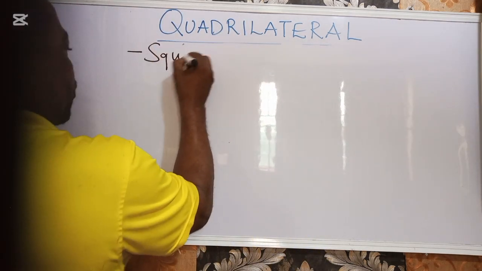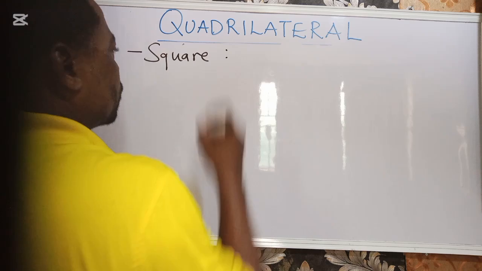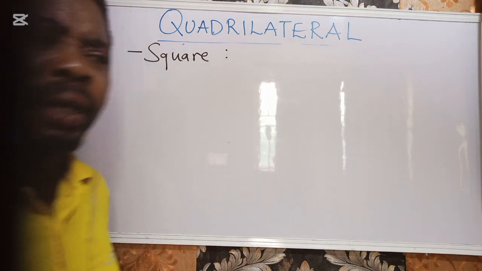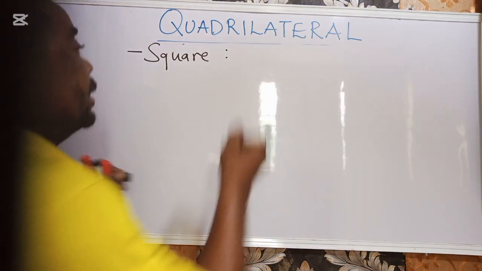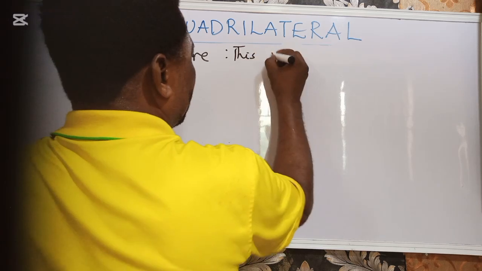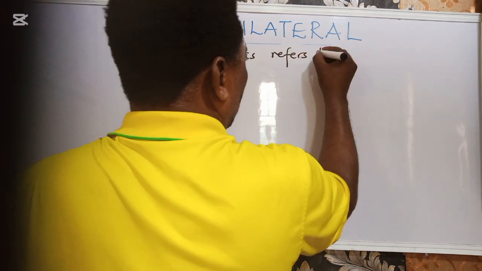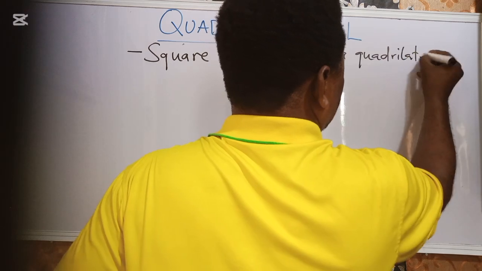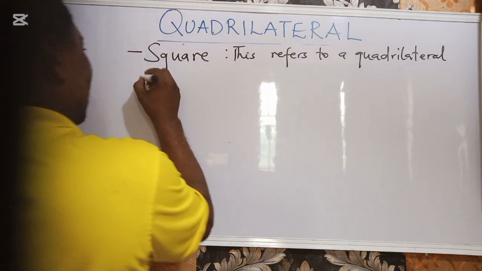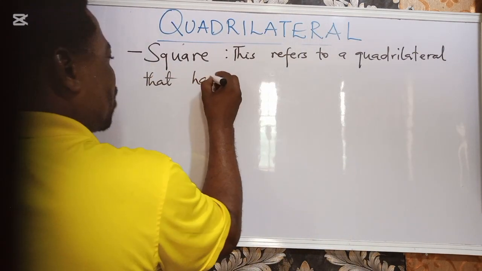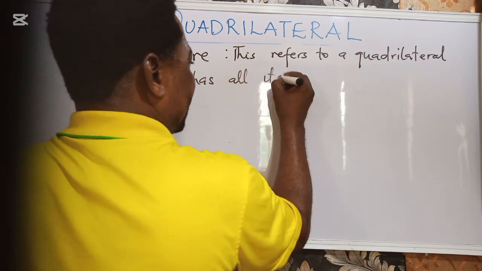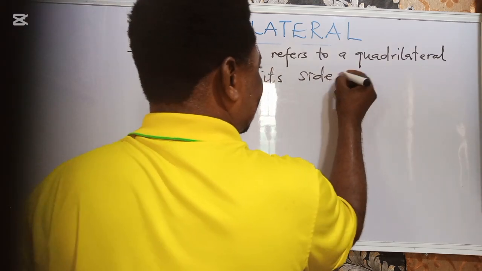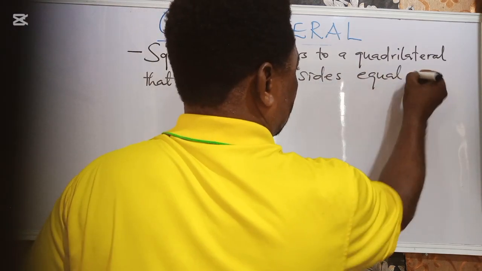Yes, we are going to square now. Oh, what is square? That thing that is special about square. This refers to a quadrilateral that has all its sides equal.